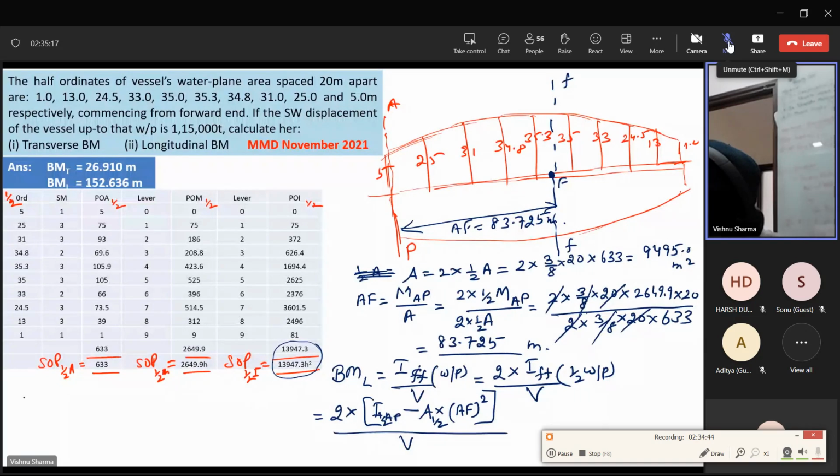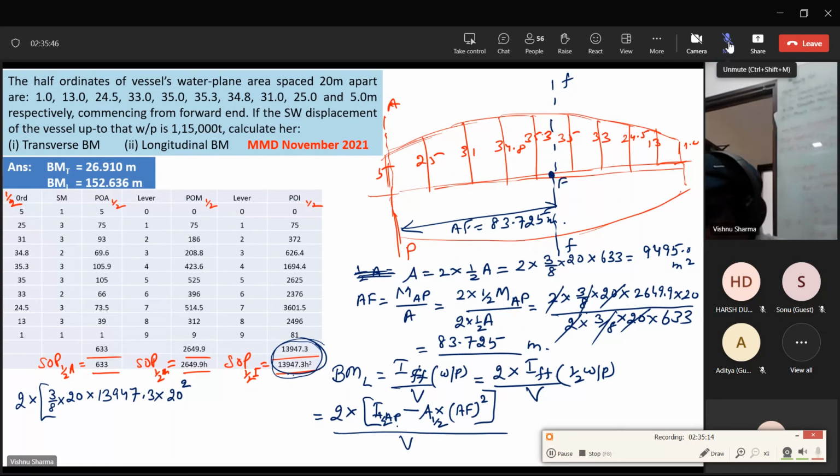It's 2 into, why 2? Because we have taken it for half the area. What is the moment of inertia about AP for half area? It's 3 by 8 rule. 20 is the common interval. And the moment of inertia is 13947, coming from the table here, beta. 0.3 into h square, 20 square.